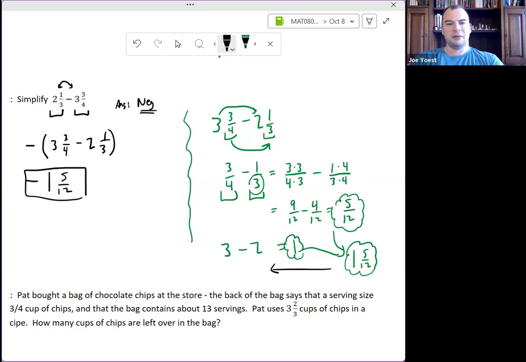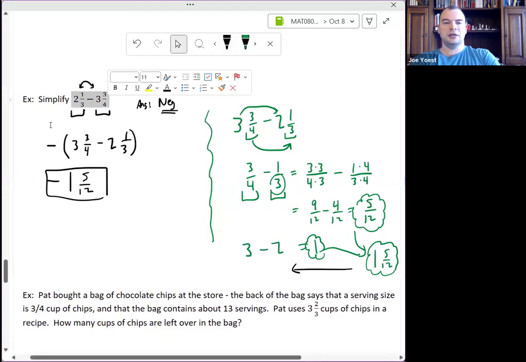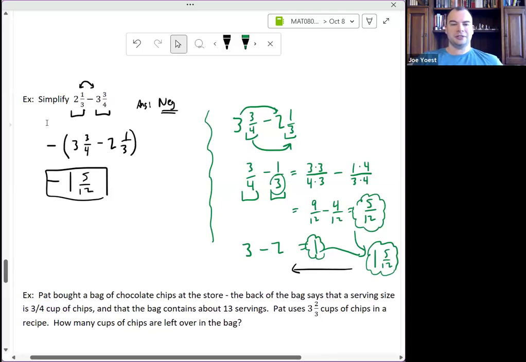So again, lots of steps, but if we take it one step at a time, we know anytime that we subtract two positive numbers, we always ask, is the thing we're subtracting off bigger or smaller than the thing we're subtracting from, and decide whether our answer is positive or negative. If our answer is positive, we just do the subtraction as it stands there. If the answer is negative, we flip the order of subtraction and then we make the whole thing negative.